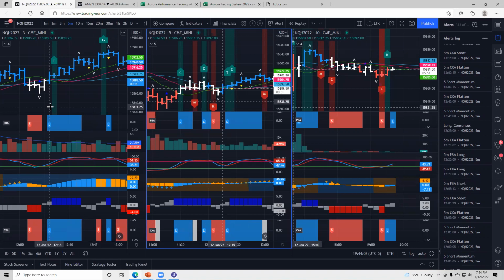The next bar that's going to print is going to be the 5-minute 12:20. And so at 12:20, we had a verified, confirmed alignment between the 3-minute PBA and the 5-minute CXA. We don't have to wait for the next 3-minute bar. That 3-minute bar was in place when we took the 12:20 trade off of the 5-minute.